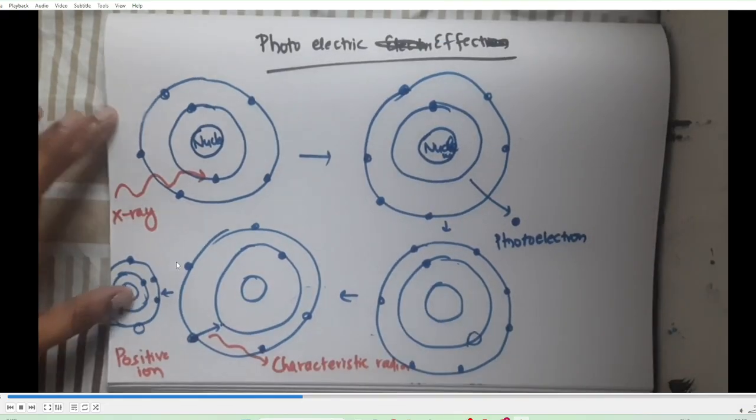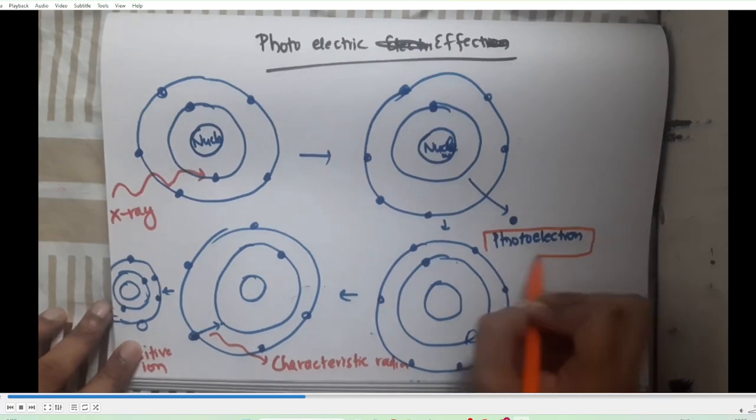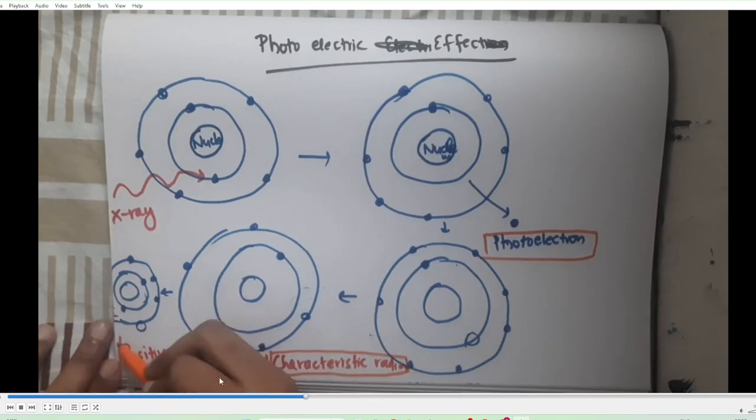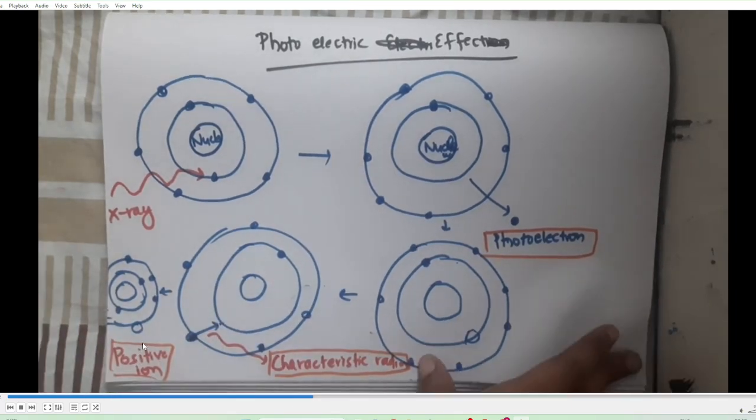If a free electron from another atom fills the void, then the atom becomes a positive ion and the result is the same. So, the photoelectric effect yields three endpoints. One, it yields a photoelectron. Second, characteristic radiation. And third, a positive ion which is deficient of an electron.